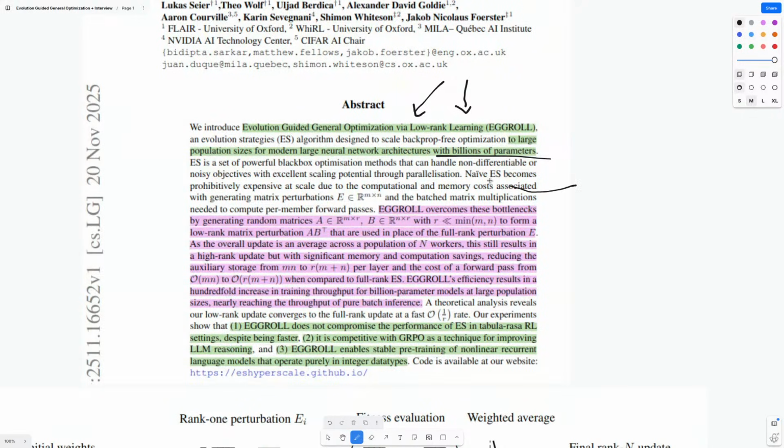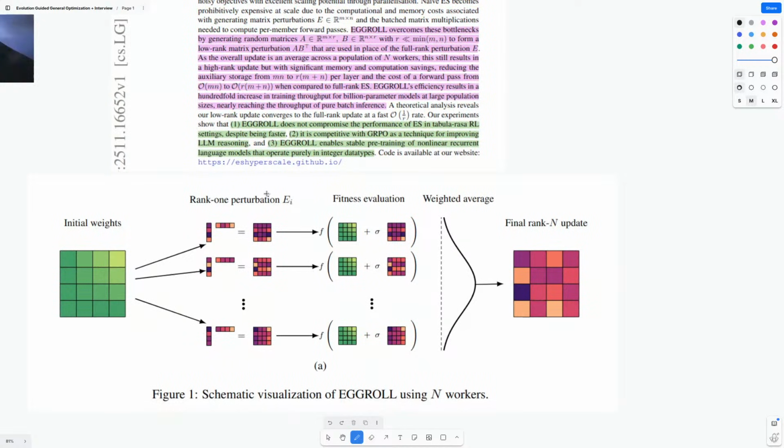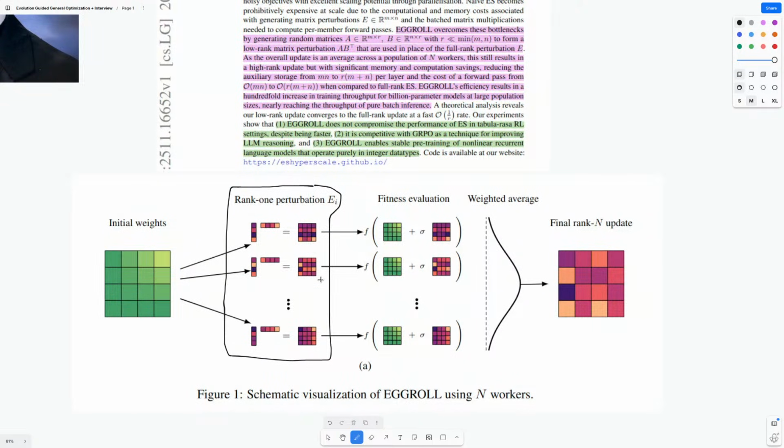So they have Eggroll, which is their algorithm. We're gonna dive a bit into it, but basically how it works is that you have these low rank perturbations that you're doing, a whole lot of them, to create that noise that is kind of Gaussian shaped.